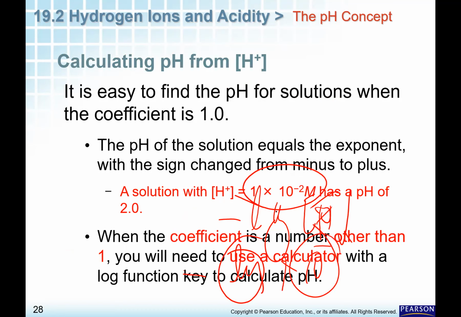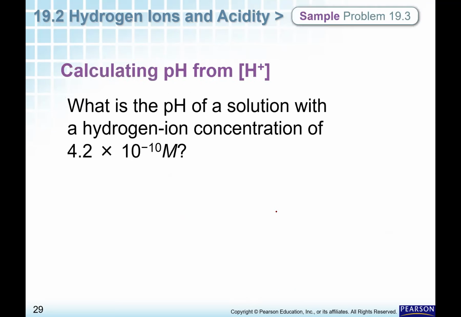Negative log of 10 to the minus 2 is minus 2, and the log of 1 is equal to 0. But if it is a number like this one, then that will become difficult, and in that case, we can use the calculator.